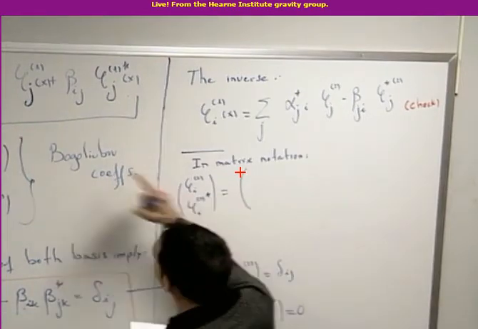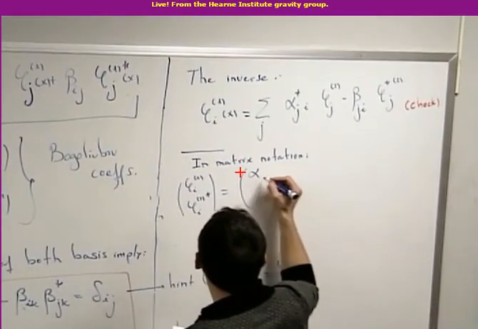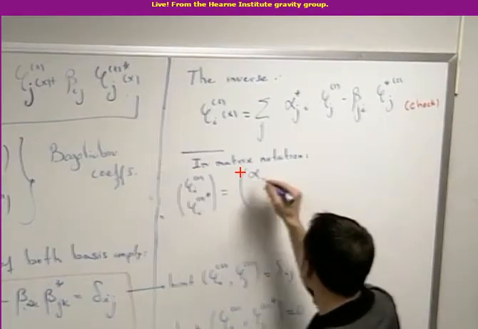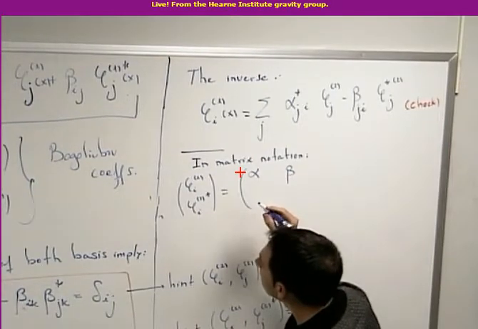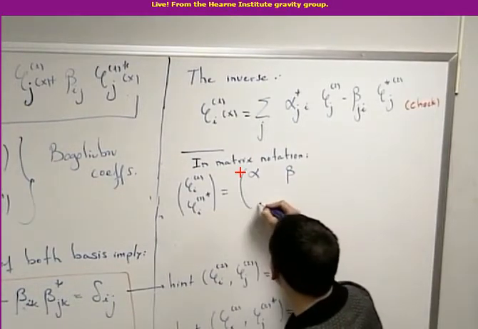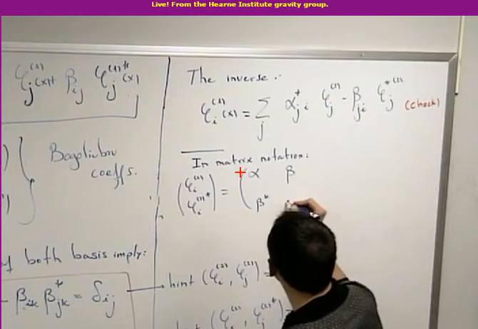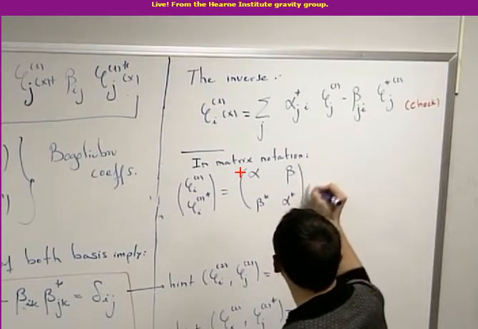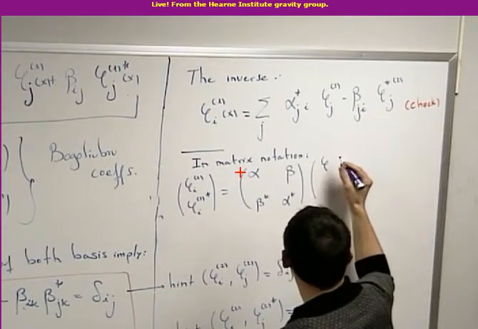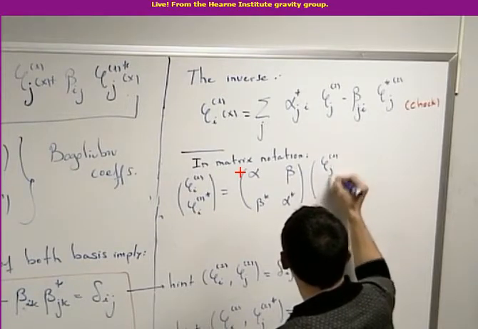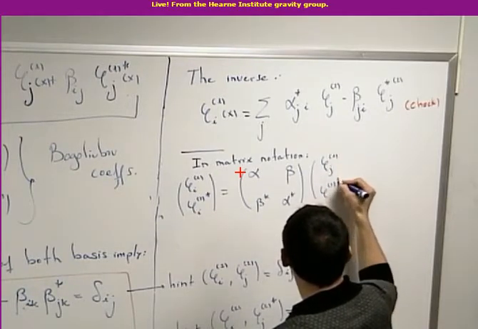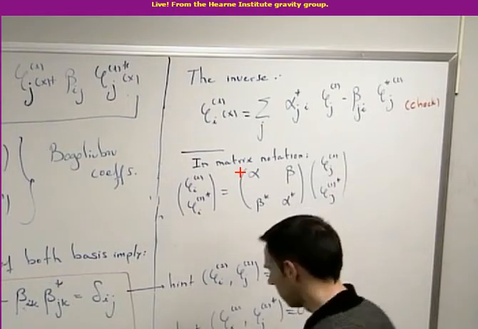We have said that this is like alpha. Alpha now is a matrix, so I am just suppressing the indices. Beta is another matrix. Beta conjugated, alpha conjugated, acting on phi 1 j, phi 1 conjugated j.